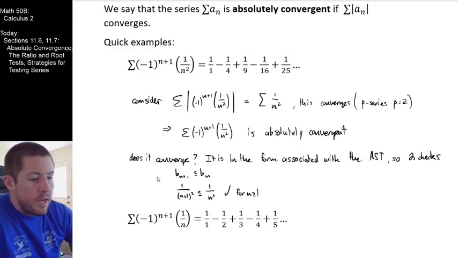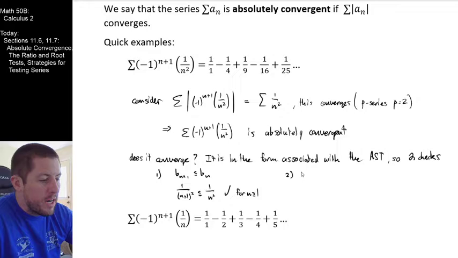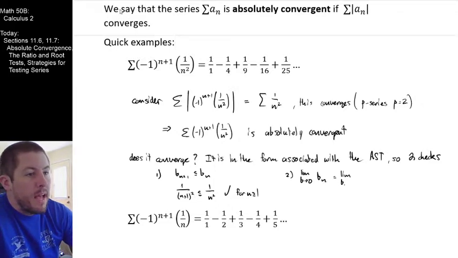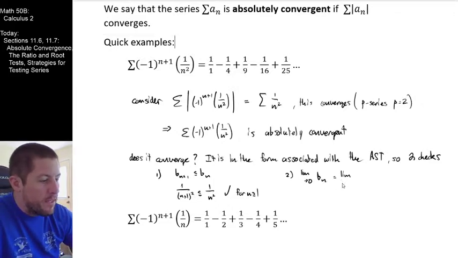That was check number 1. Check number 2, is it the case for the alternating series test that our terms are eventually going to 0? And in this case, oh my gosh, same problem as last video. I cannot stop myself with this limit. I'm just going to write a b down there every single time, apparently.